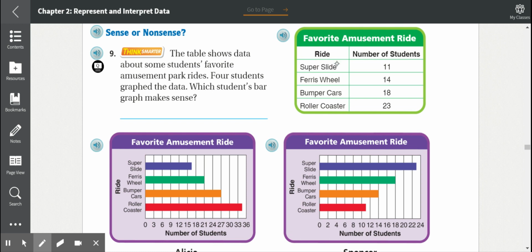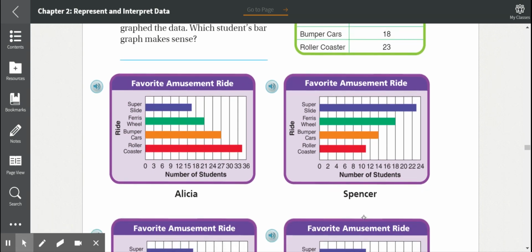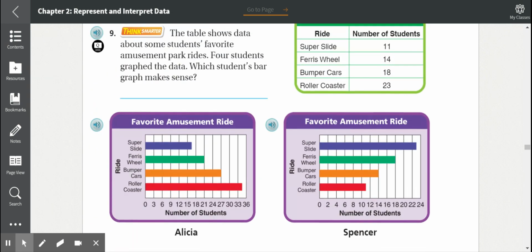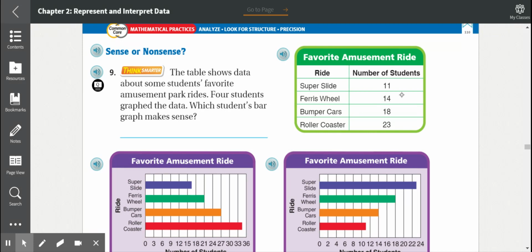So we have the super slide, the Ferris wheel, bumper cars, roller coaster. And then here are the numbers of the kids who chose those as their favorite. This information has been put into 4 different bar graphs: Alicia, Spencer, Tyler, and Kate. But only one of these bar graphs is showing this data in the right way, and we want to figure out who that is.